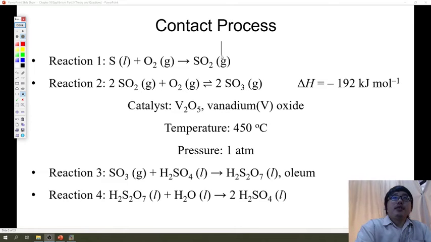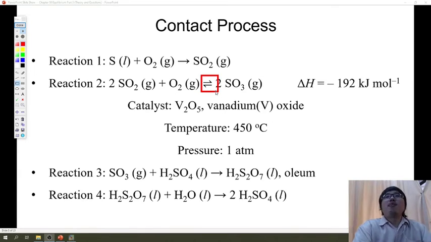Next, the SO2 reacts with oxygen in an equilibrium reaction to form 2SO3. This is the key one, that's why you study this in this chapter. So let us study this equilibrium a bit deeper.